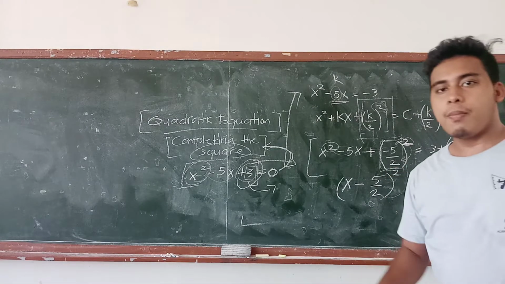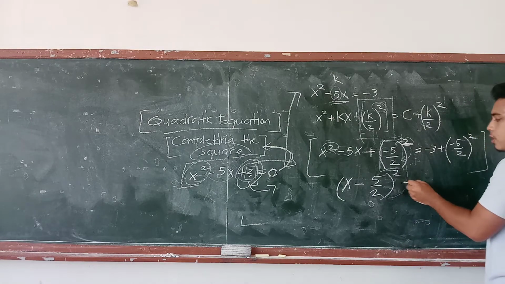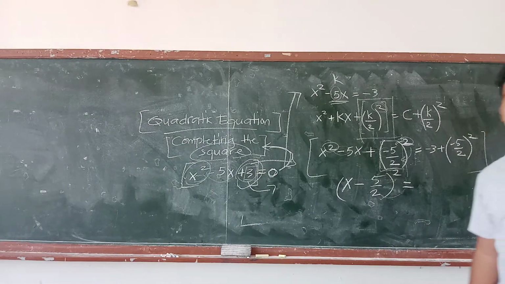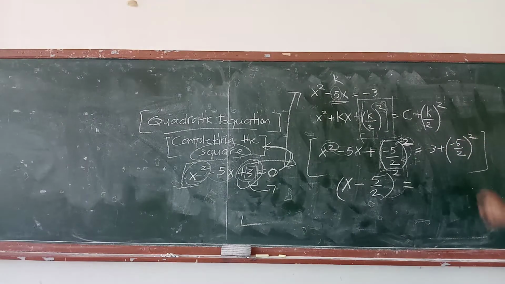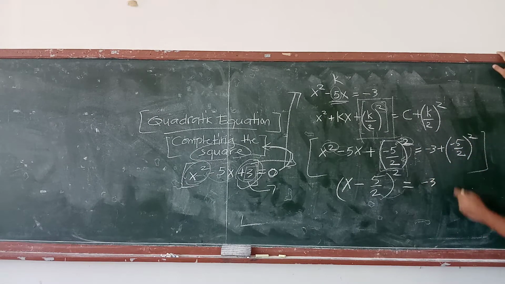So x minus 5 over 2 raised to the power of 2 equals, then you simplify our right hand side. Negative 3, then this one, that is positive 25 over 4.